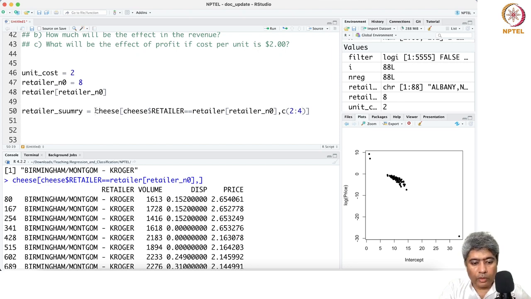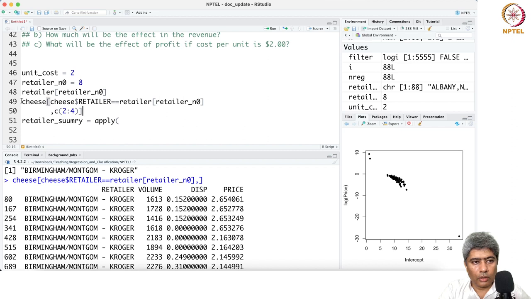Why not I apply... so first let me just take data sub.